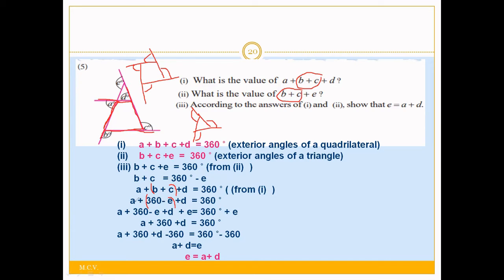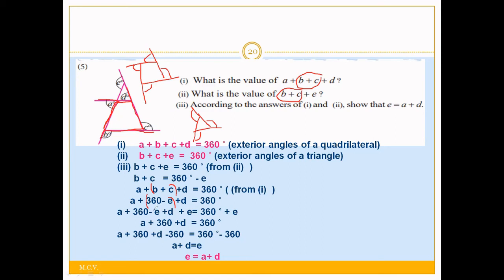So what will remain? A and D will remain. Then A plus 360 minus E plus D remain. We want to remove this minus E. How to remove this minus E? Put plus E on both sides.